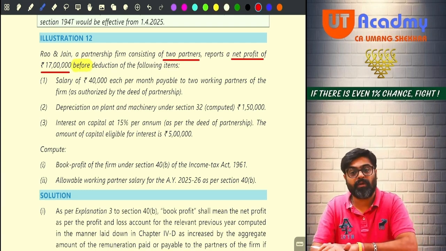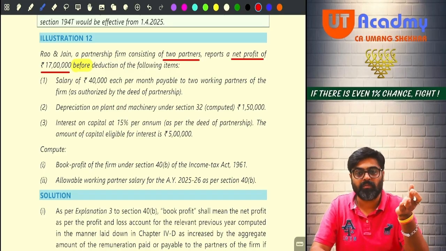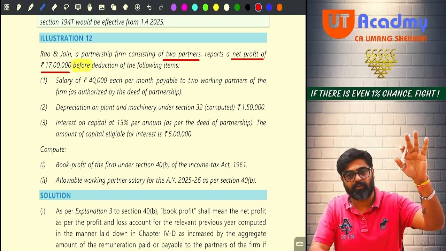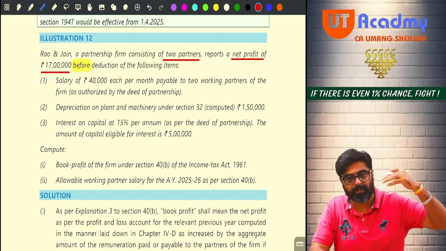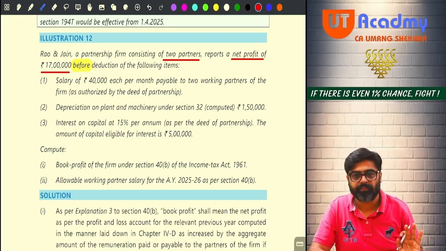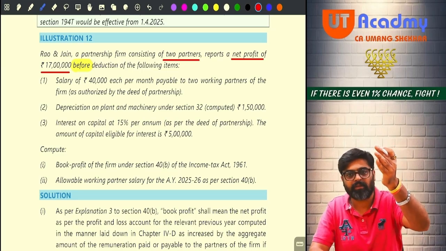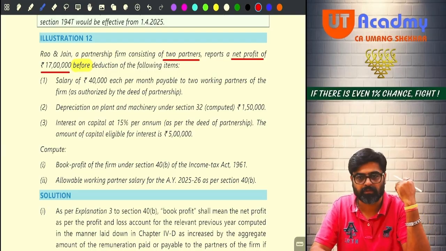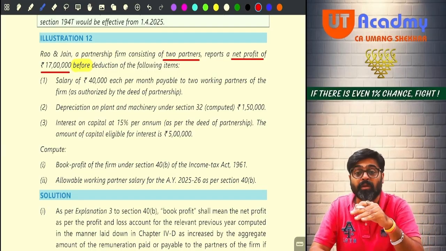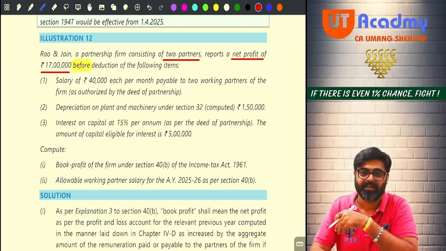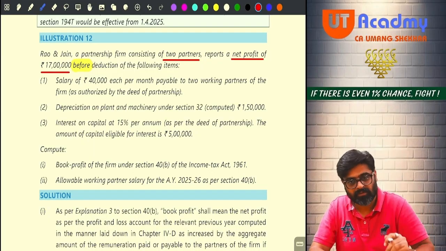Now that net profit, if nothing is given, I will assume that the net profit given for the firm, 17 lakh, is calculated as per PGBP provisions. That is not net profit as per books of accounts. That is net profit as per PGBP provisions.